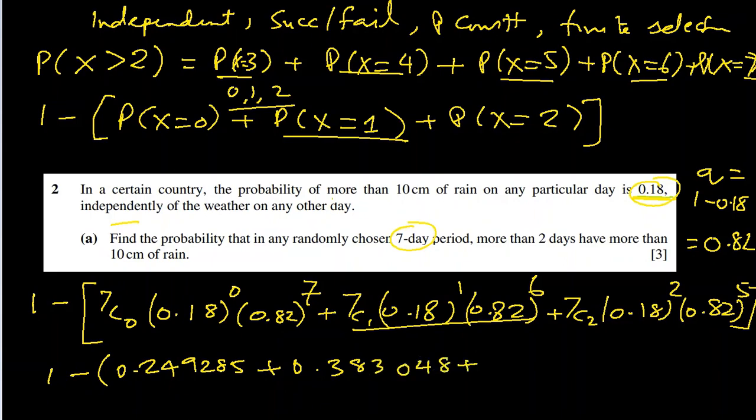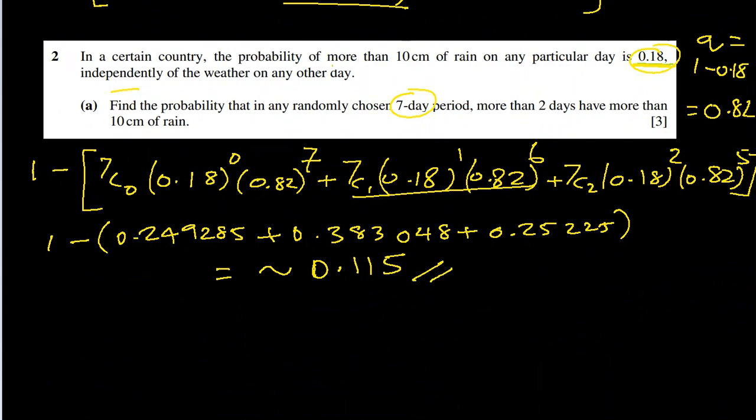And then we get 0.25225. And then subtract, we get almost 0.115. This is the probability that more than 2 days out of 7 it will be raining 10 centimeters or more.